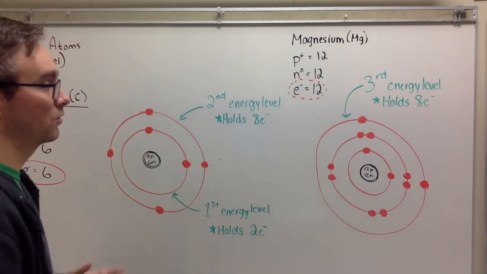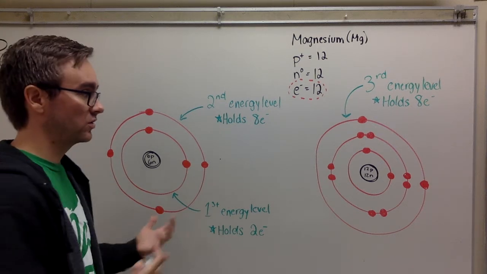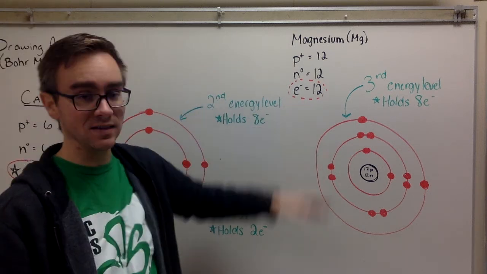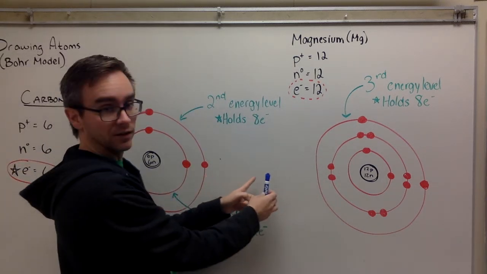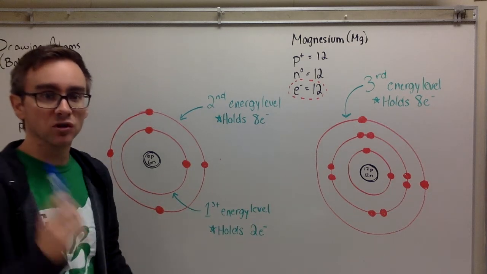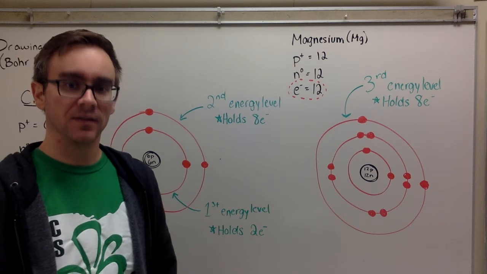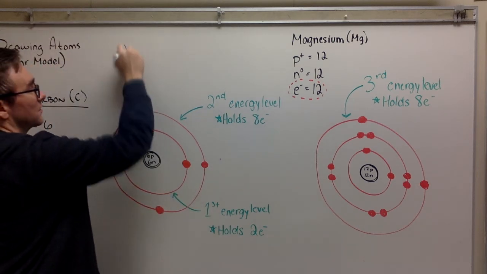All right, now there's one more thing. I said at the very beginning that if we're going to talk about how atoms are going to interact, so if I was going to put a carbon and a magnesium near each other, the first things that are going to touch when they come near each other are the electrons. But more specifically, the outermost electrons. Those are what we call valence electrons.